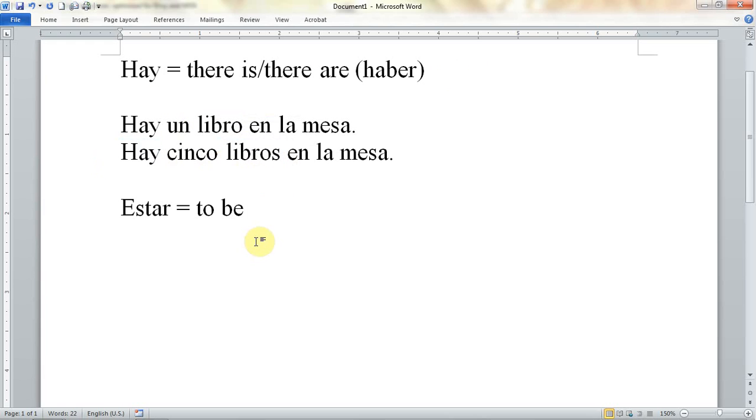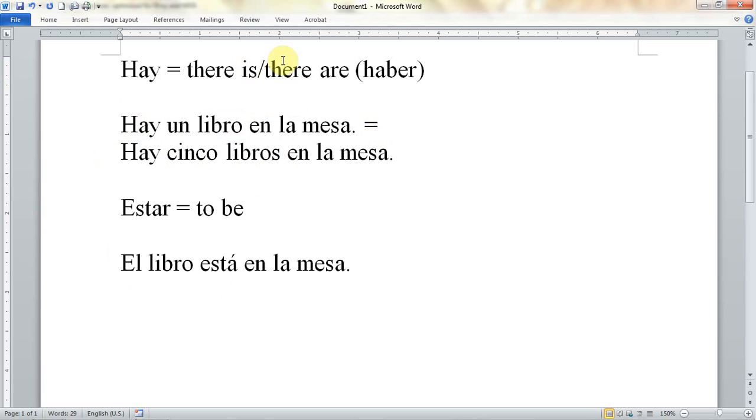Okay. Now, how about a similar sentence? One that's similar to the first one. El libro está en la mesa. Okay. So what happened there? Let's translate a couple of these. So what does this mean?